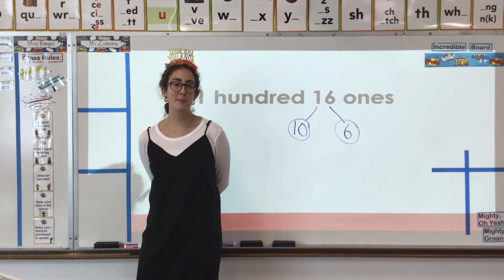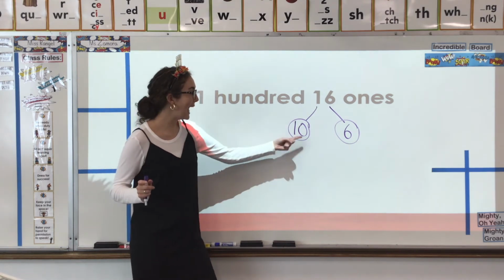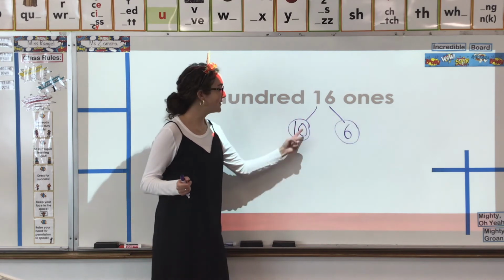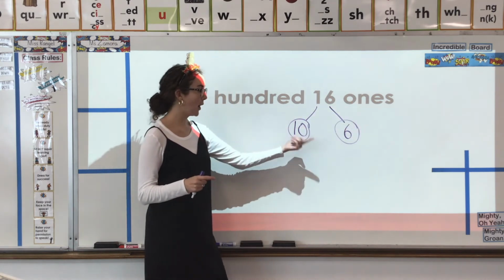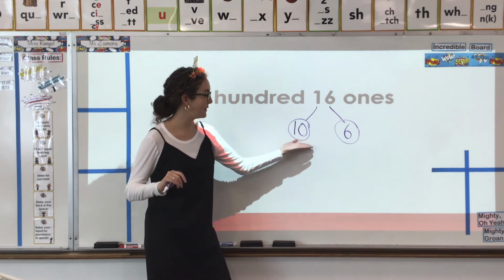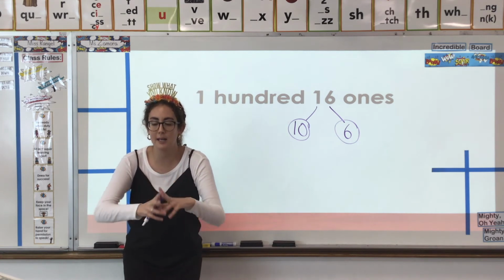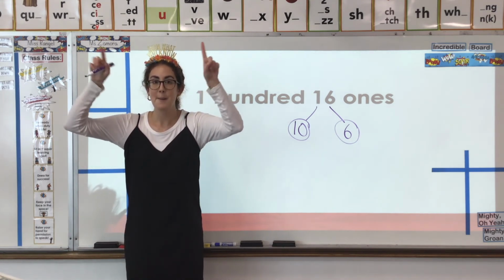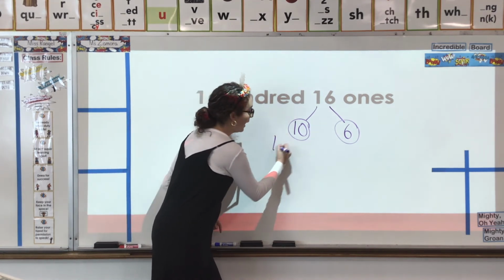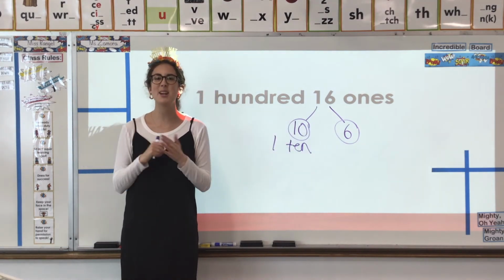So we got to bundle something? We've got 10 ones. We have 10 ones. That's our magic number for bundling. So what happens? If we have 10 ones, they bundle together and become 1 ten. Dun, dun, dun. 1 ten is our new unit.